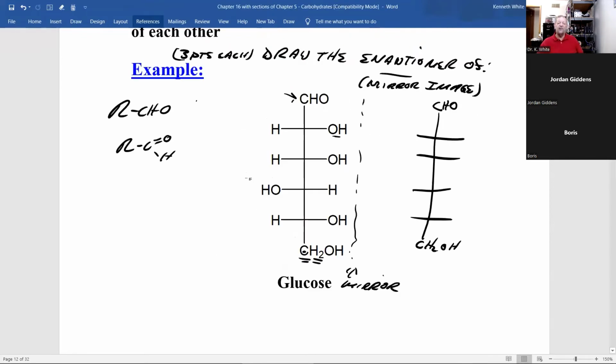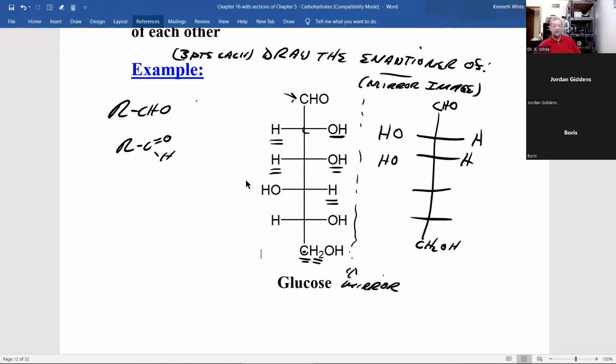All right, if you look at the first carbon with the hydroxyl group, this one, what's closest to the mirror? OH. What's farthest away? Hydrogen. So that's what you'll see in the reflection. Next one, what's closest to the mirror? OH. What's farthest away? Hydrogen. Now let's go to this one.